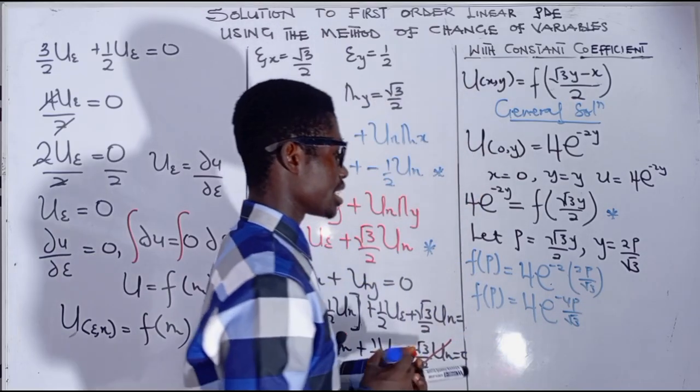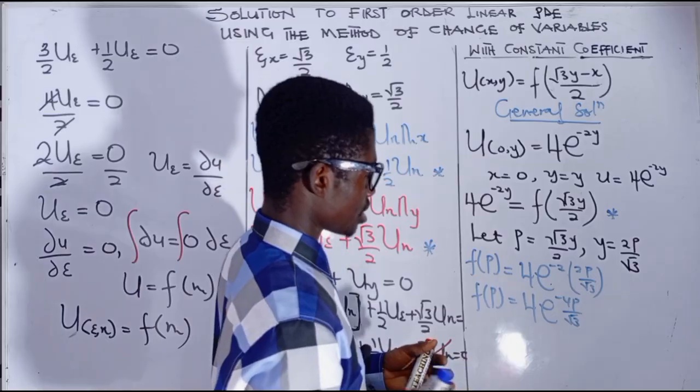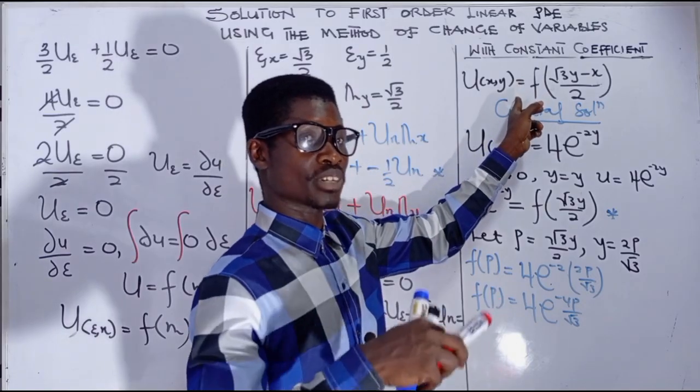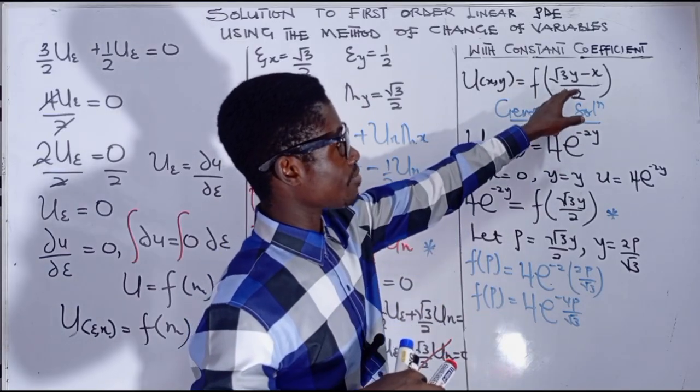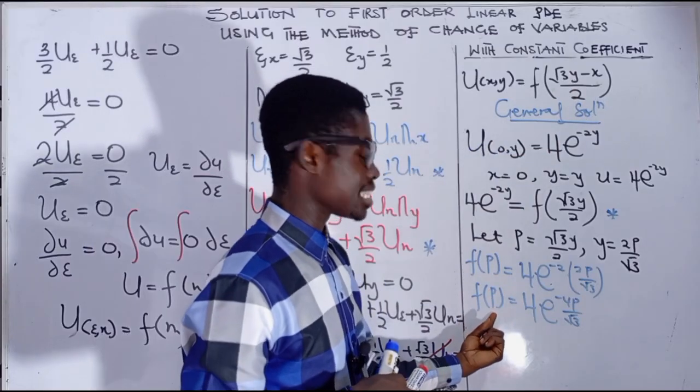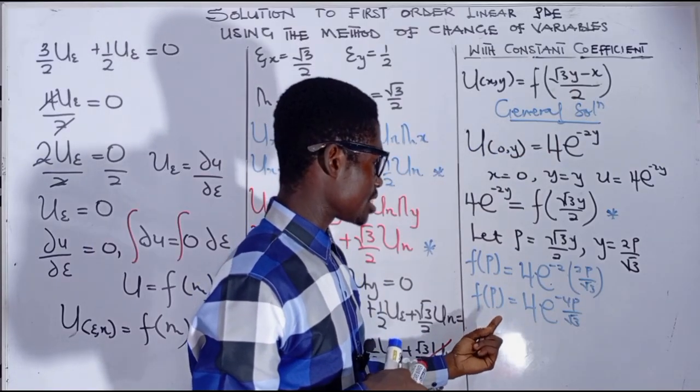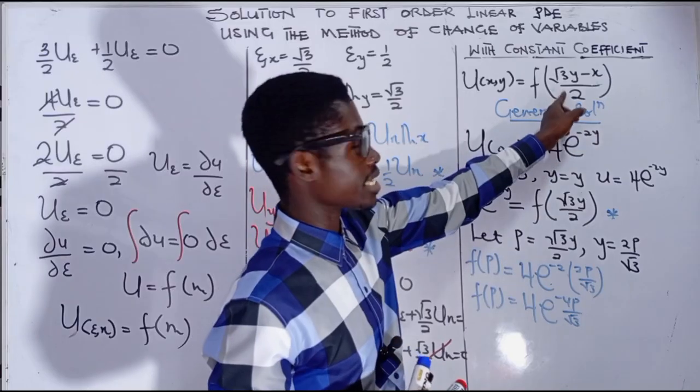So what we are going to do here is go back to the general solution and search for the function f. What is in the function we are going to use to represent p. So wherever we see p, we are going to write this there.